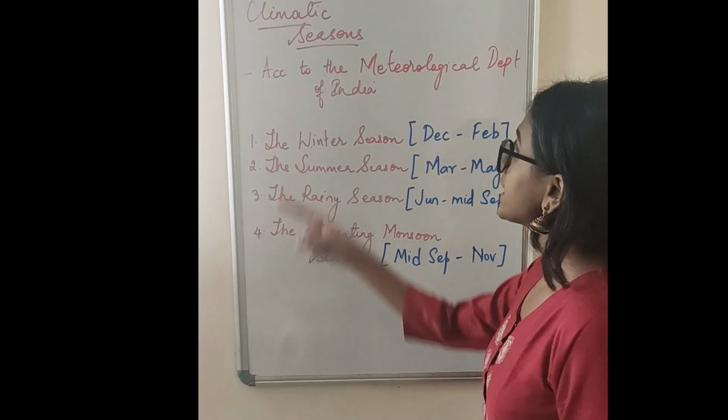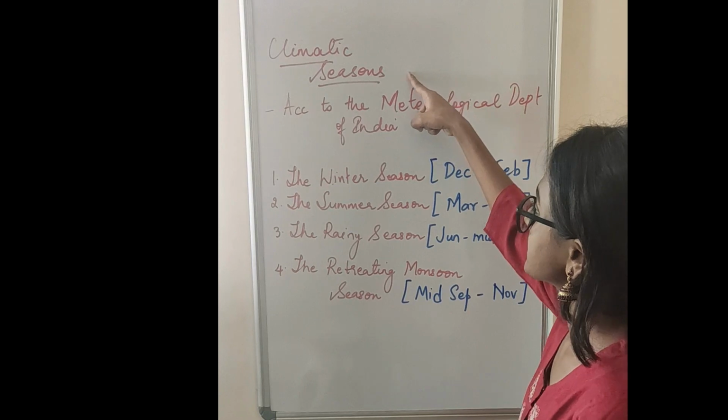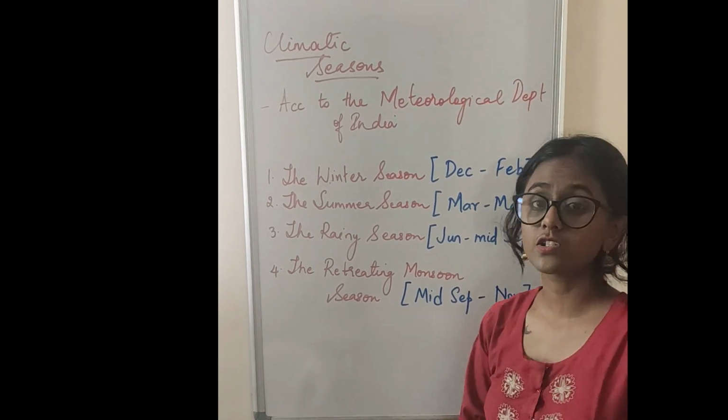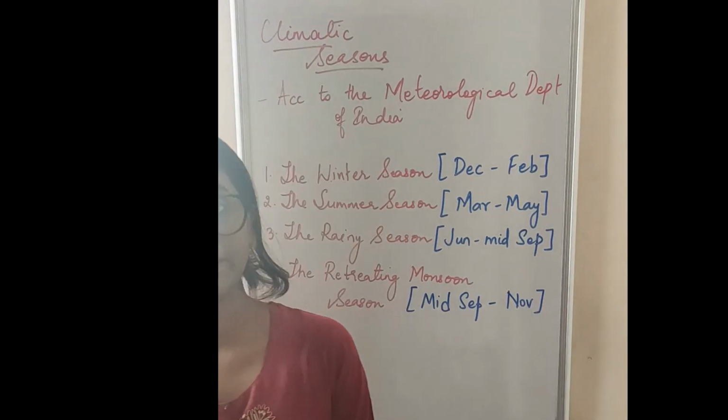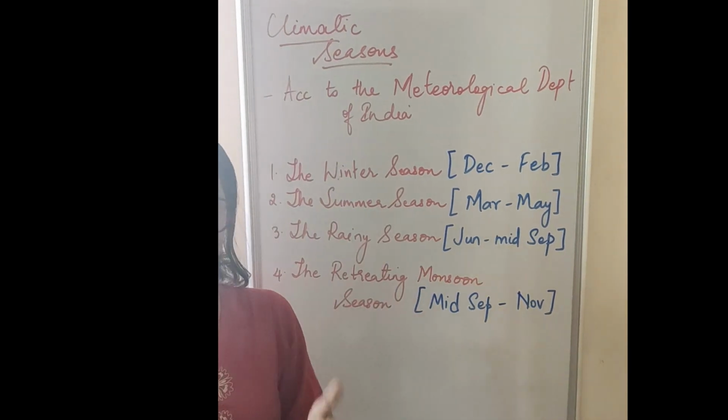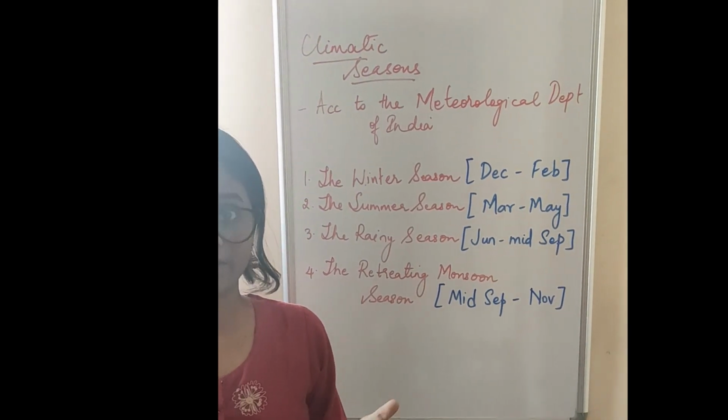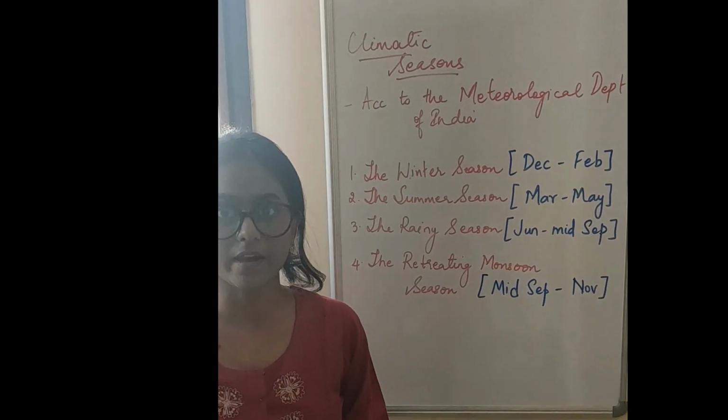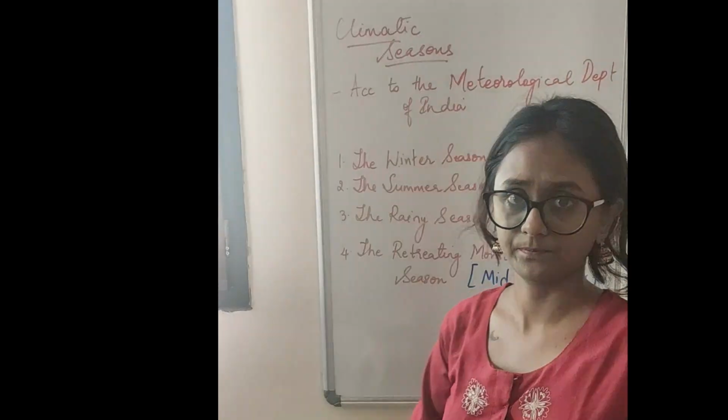Now your next topic is climatic seasons. According to the Meteorological Department of India, the tropical monsoon type of climate is characterized by distinct seasonal patterns. What does that mean?